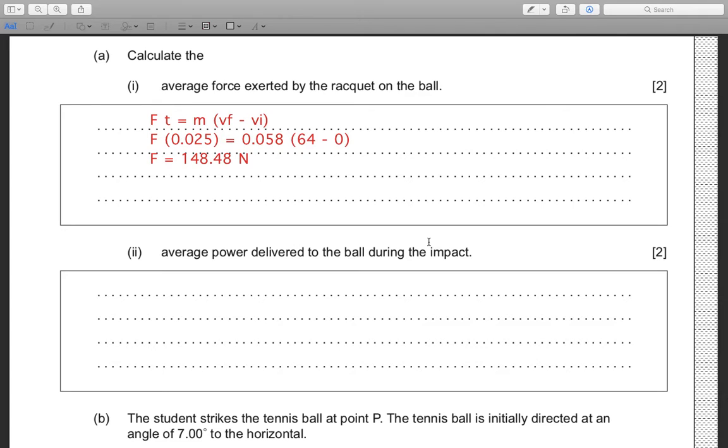Average power delivered to the ball during impact.